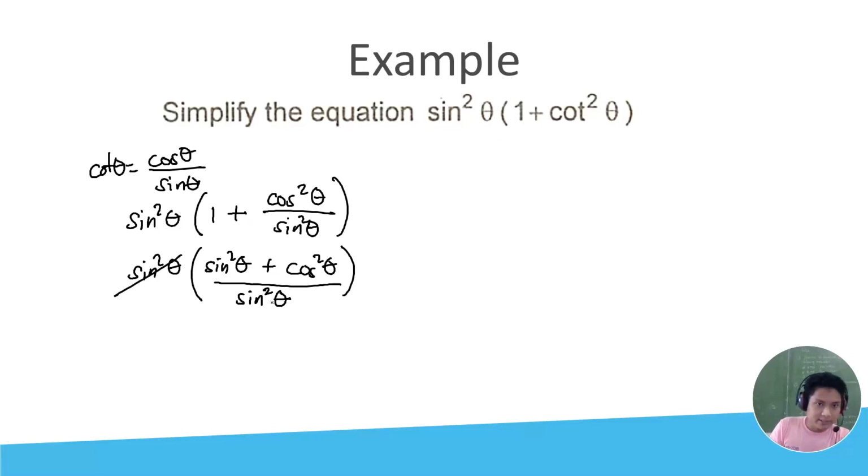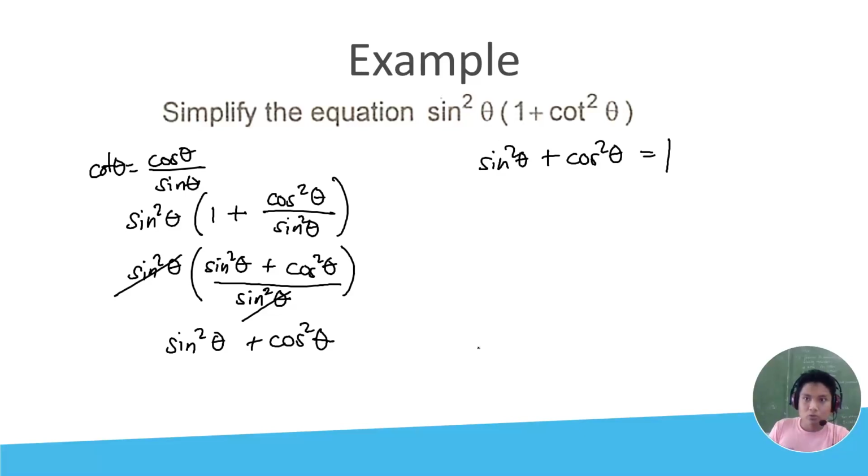Now, cancel. What remains is sine squared theta plus cosine squared theta. Okay. From the Pythagorean identities, we have sine squared theta plus cosine squared theta equals 1. Therefore, the answer is 1.